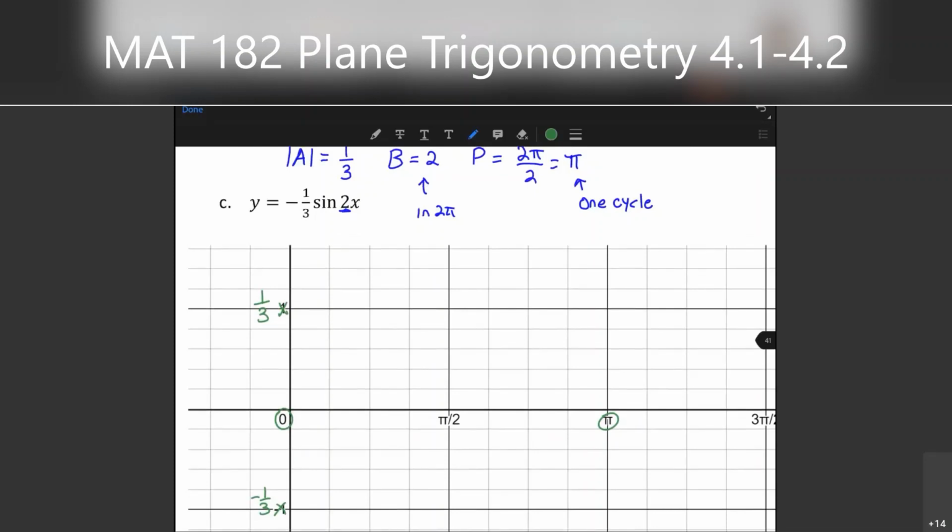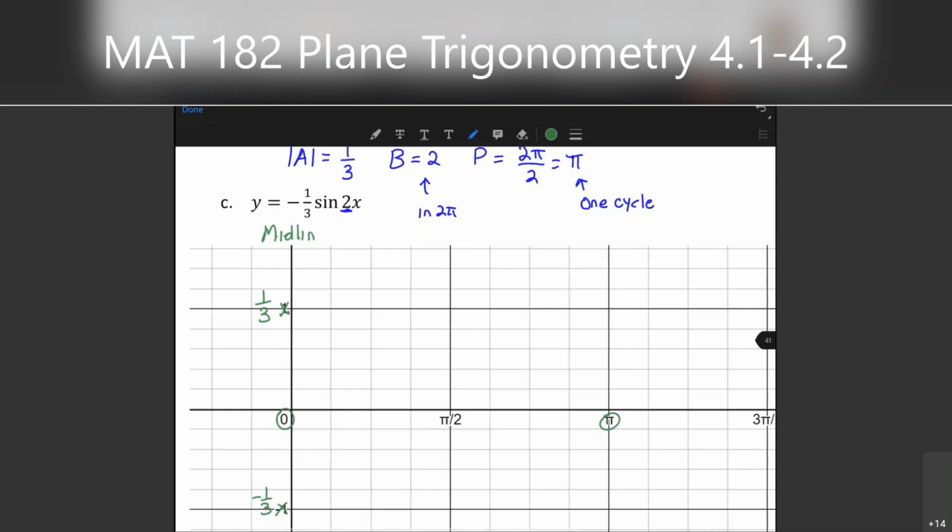Now, what did we say? If the sine function is at 0, what is the sine of 0? Where we start our sine function, is it at the amplitude or our midline? Excellent. Yep. On your right. So we start at the midline, which in this case happens to be y equals 0.